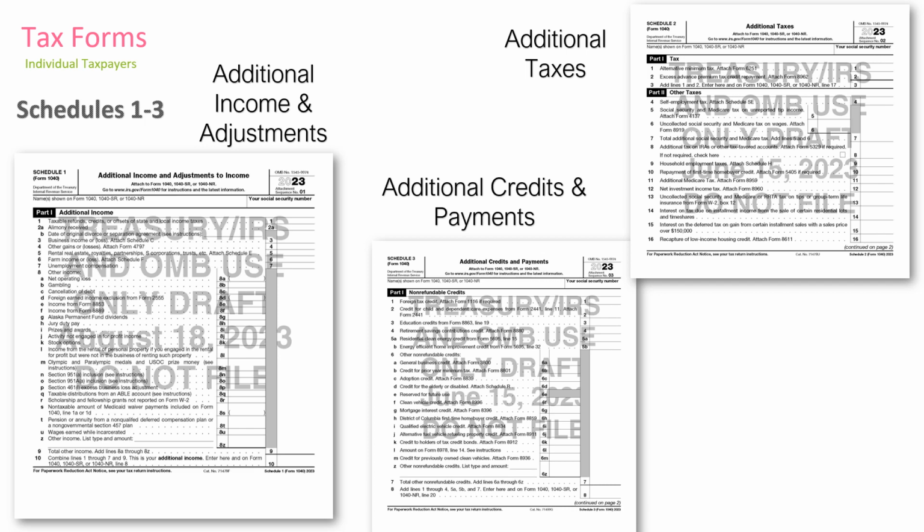Schedule 1 reports additional income sources as well as adjustments to income. Schedule 2 reports other taxes, and Schedule 3 reports credits, although most of the important and widely claimed credits are included on the base 1040.